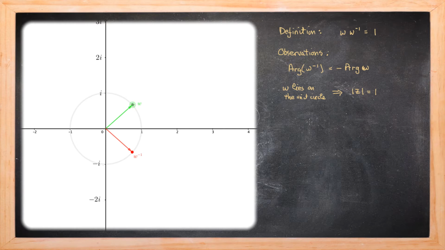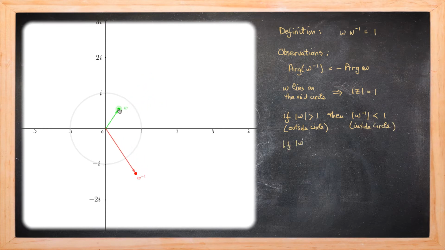So let's tighten up what we're saying somewhat: if the modulus of w is greater than 1, the modulus of its reciprocal will be less than 1. And vice versa, if the modulus of w is less than 1, then the modulus of its reciprocal will be greater than 1.